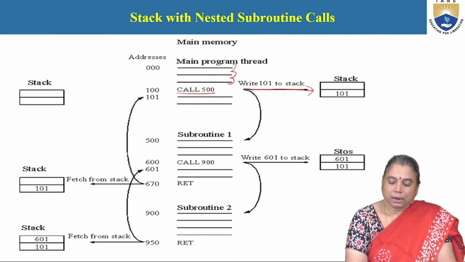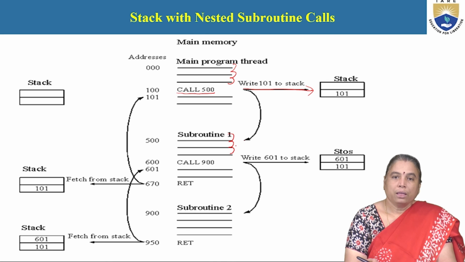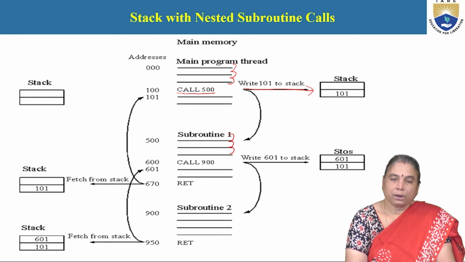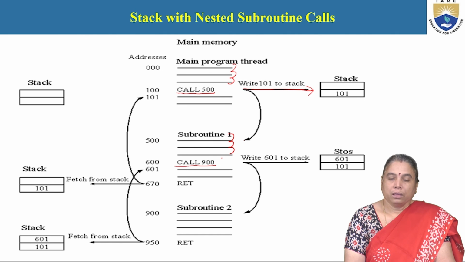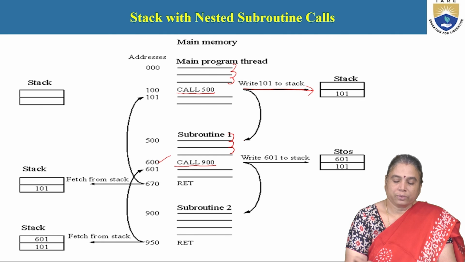Then immediately the control is transferred to subroutine 1, which starts executing its instructions in a sequence one after another. In subroutine 1, there is another procedure call. So here call 900 occurs at 600.